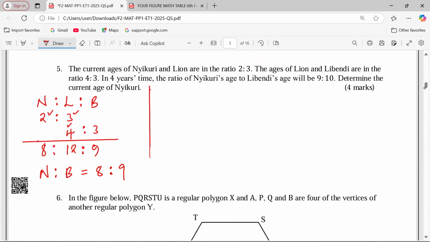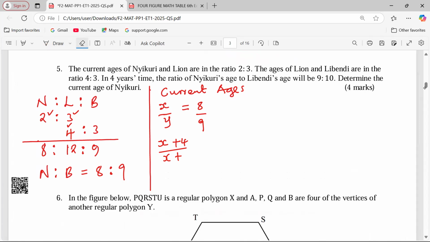Then if we assume that the current ages of Nyikuri and Libendi are X and Y respectively, then we shall say X over Y equals 8/9. That is 1. Then in 4 years' time, it means this one will have added 4, and the other one, which is also Y, will also have added 4. And the new ratio is becoming Nyikuri to Libendi 9:10.